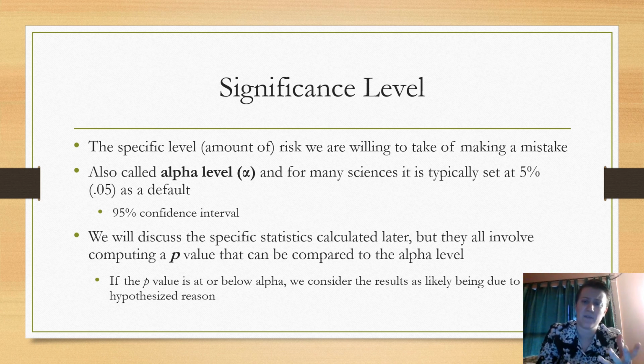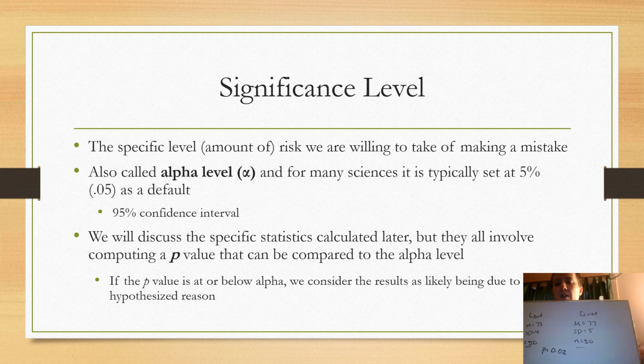So we did our independent samples t-test for our loud and quiet conditions with 50 different people in each condition, and our p-value is 0.02. You can translate that 0.02 to a percentage, which would be 2%.